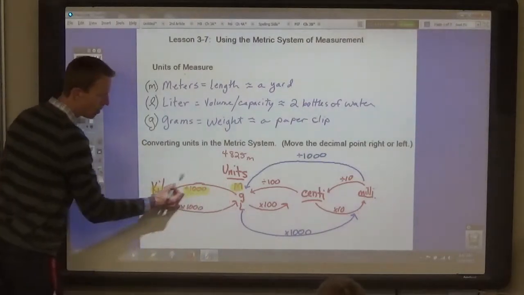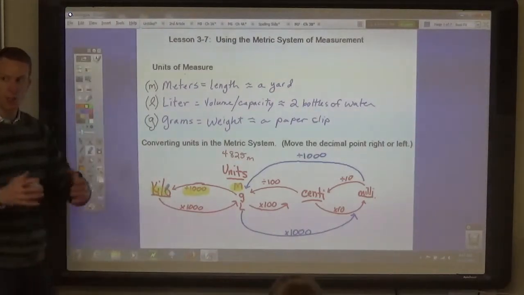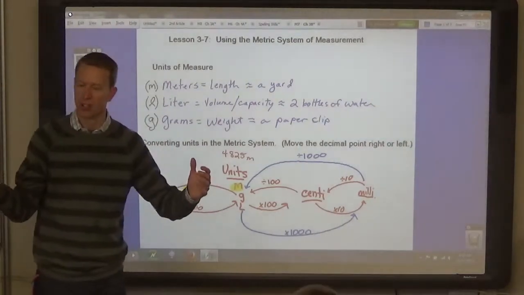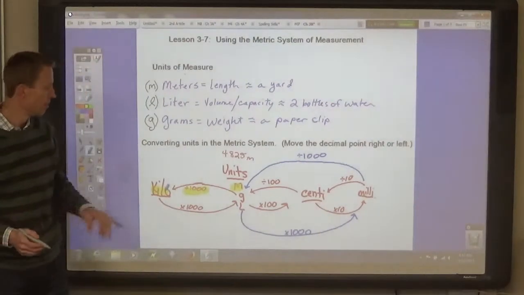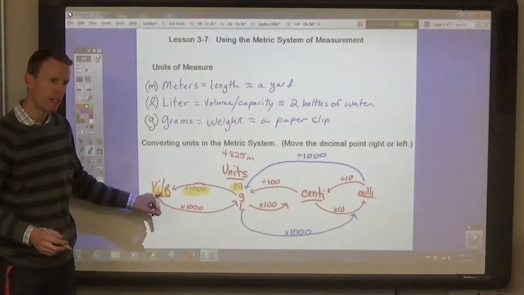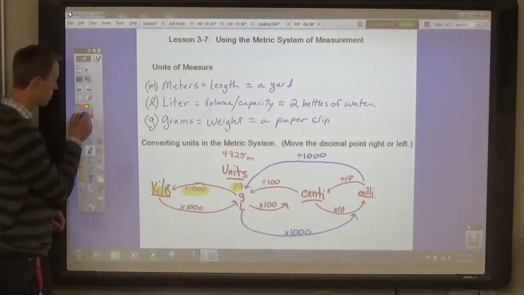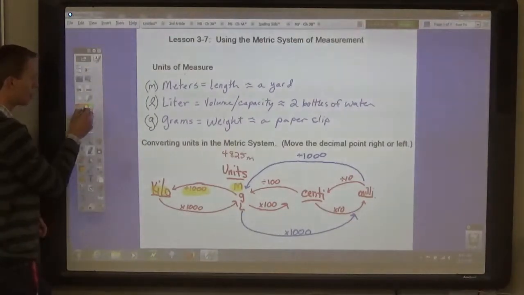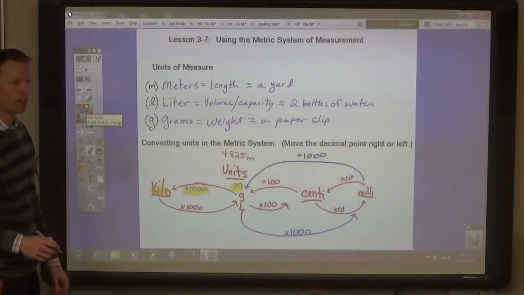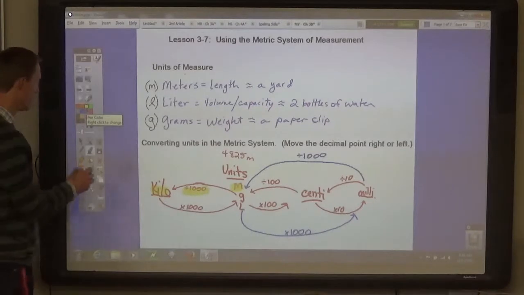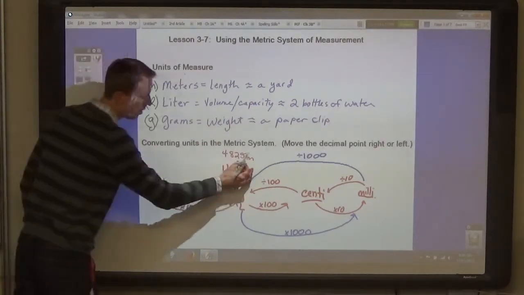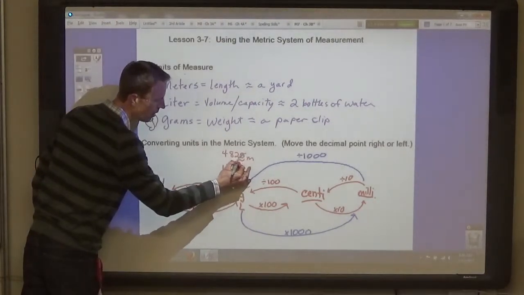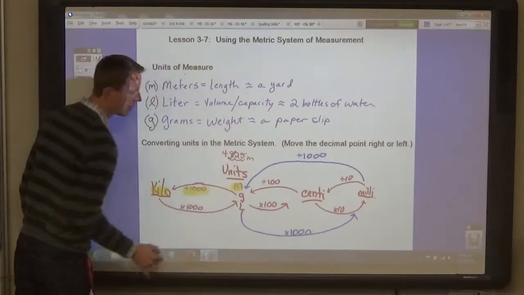From meters to kilometers, since the unit is getting bigger, you're going to divide by 1,000, since kilo means 1,000. To divide, it says move the decimal point to the right or to the left. If you're dividing, the number is going to get smaller. You're going to move the decimal point to the left 3 places.